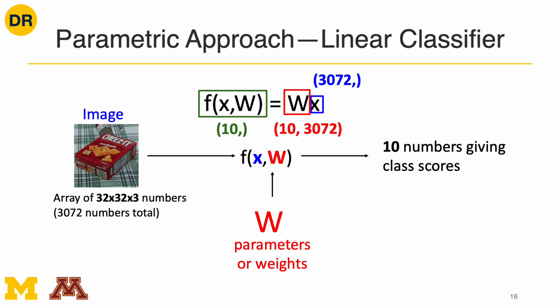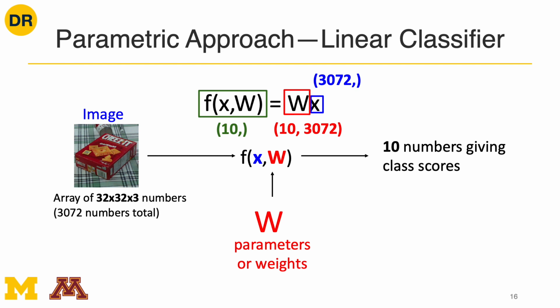Within this parametric approach, the idea with a linear classifier is we're going to use the parameters to represent a linear function. So we have this two-dimensional matrix W, which is the weights we could think about of our model. So in order to get 10 numbers, one score for each of the 10 possible classes, this weight matrix is going to take on size 10 by 3072.